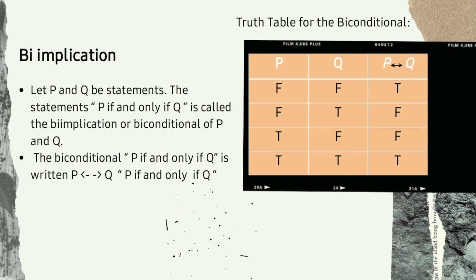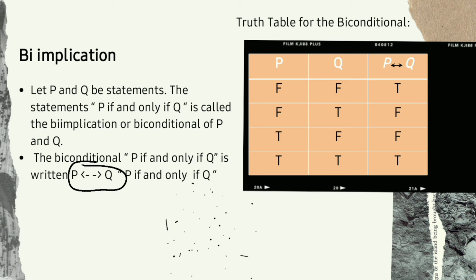Biimplication. So what is a biimplication first? Let P and Q be statements. The statement P if and only if Q is called the biimplication or biconditional of P and Q. The biconditional P if and only if Q is written like this.